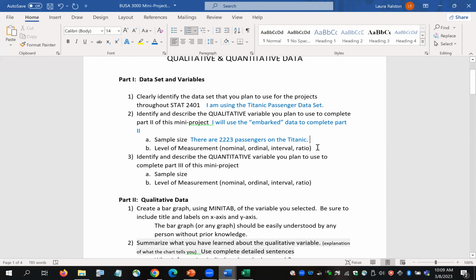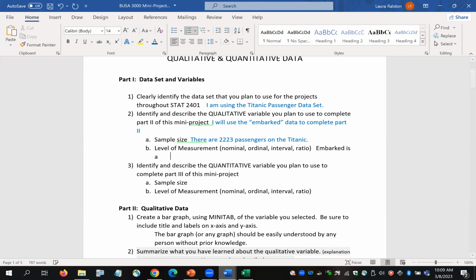And since it is words, it's either nominal or ordinal. Remember, ordinal means there's order, and there's really no sense of order to it. So I would say embarked is at the nominal level. It's just a list of words.